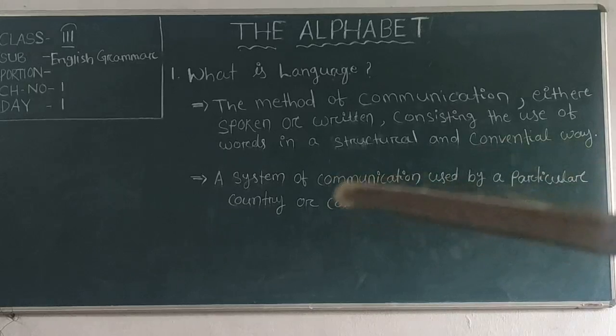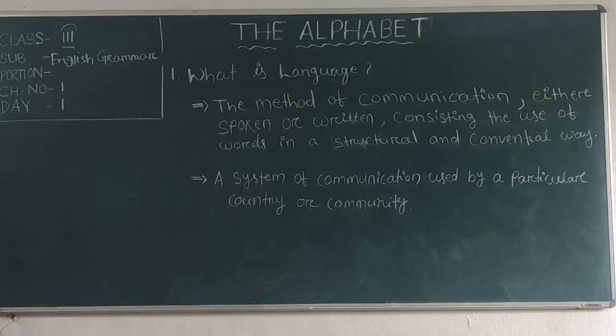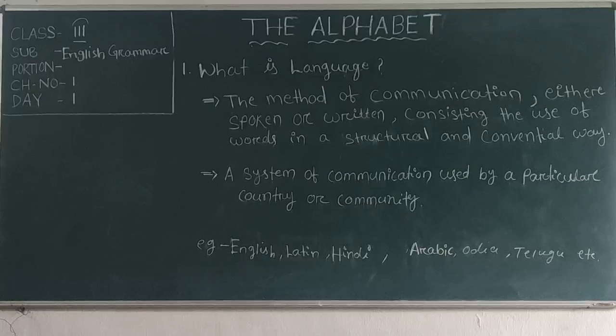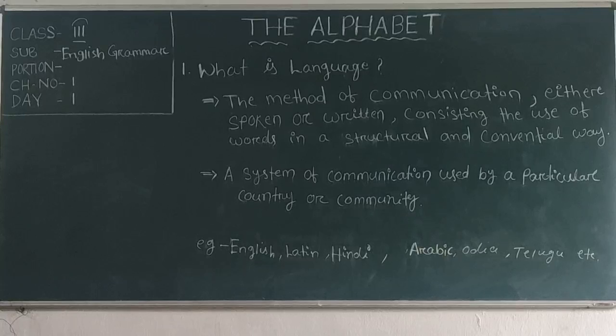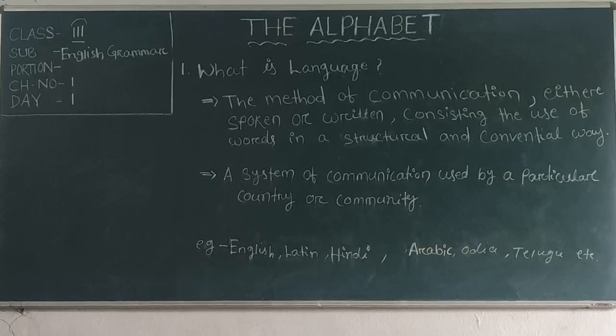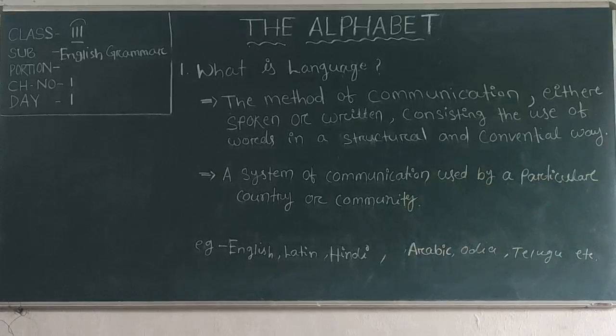A system of communication used by a particular country or community is known as language. And we also know that there are many languages to communicate, such as English, Latin, Hindi, Arabic, Odia, Telugu, etc.